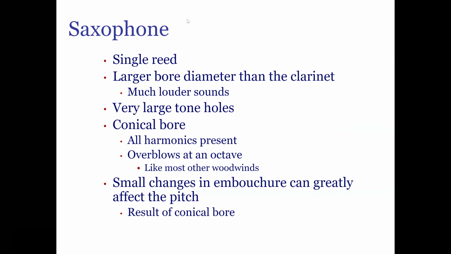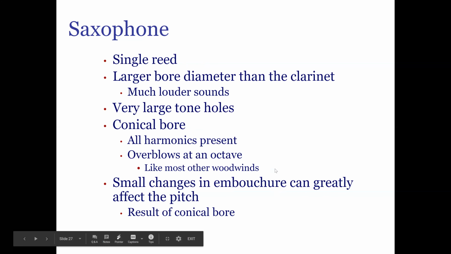You couldn't close saxophone holes with your fingers because they get really, really large near the bell end of the instrument. The conical bore means that all harmonics are present and it overblows at an octave instead of an octave plus a fifth like the clarinet does.